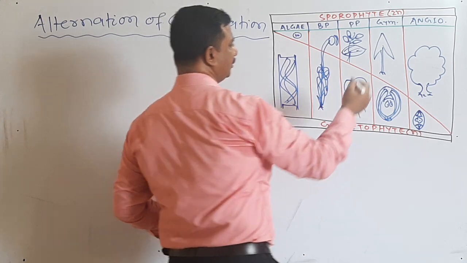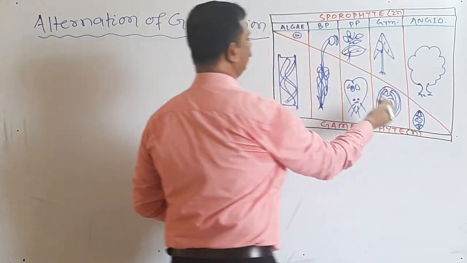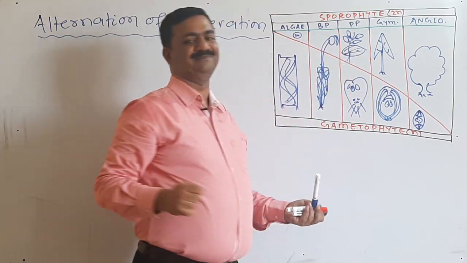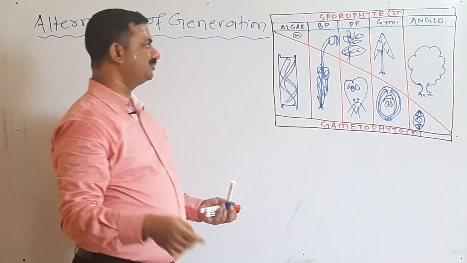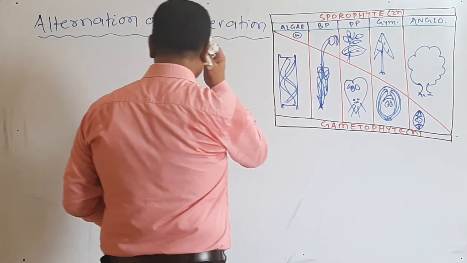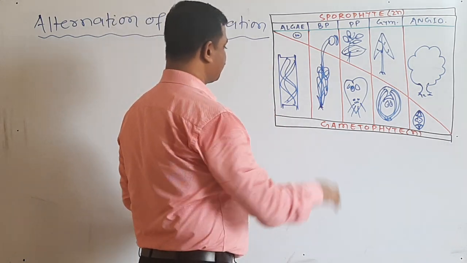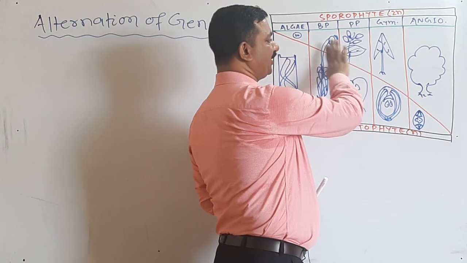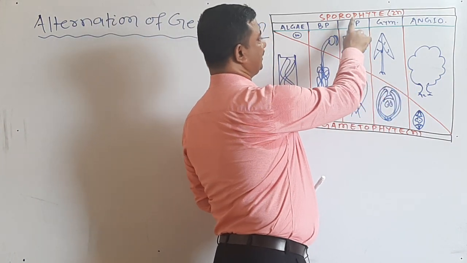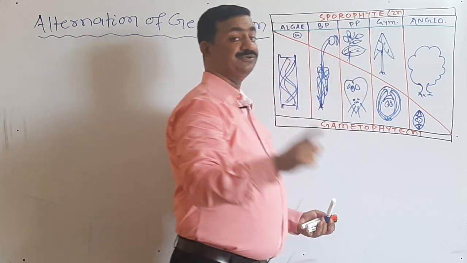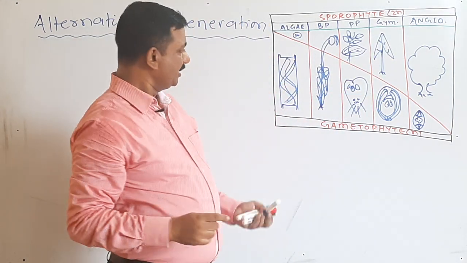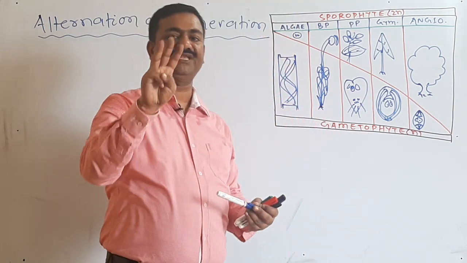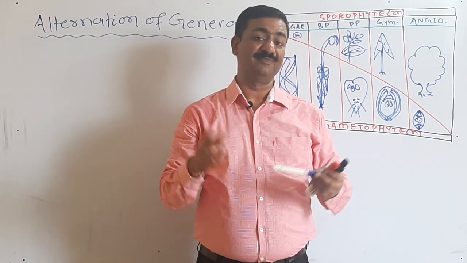This is a whole representation of plants from algae to angiosperm, and it shows how there is a very good reduction in the structure of gametophytes and how there is advancement and elaboration of sporophytic structure from algae to angiosperm. Now, through this we have three groups of plant body.